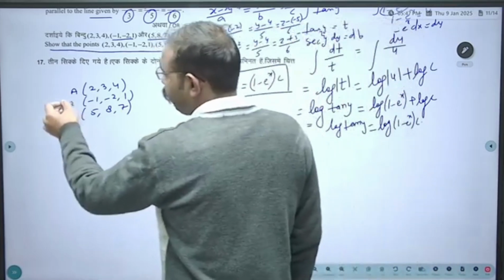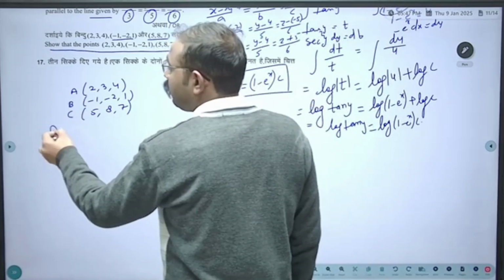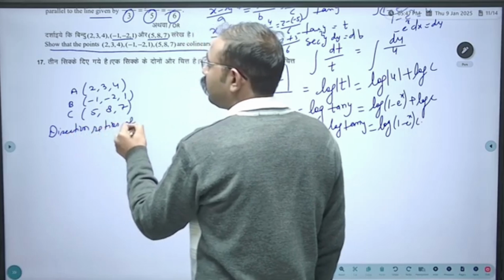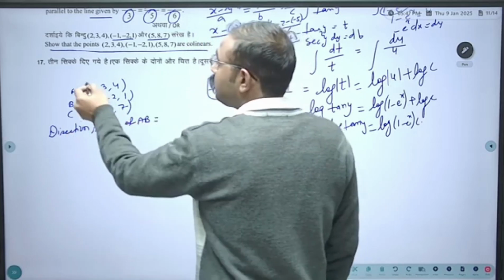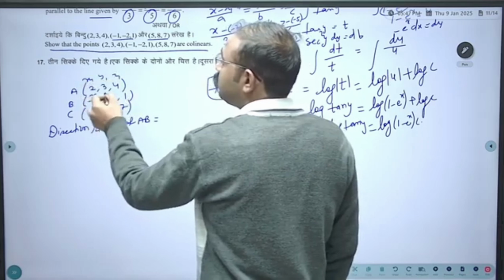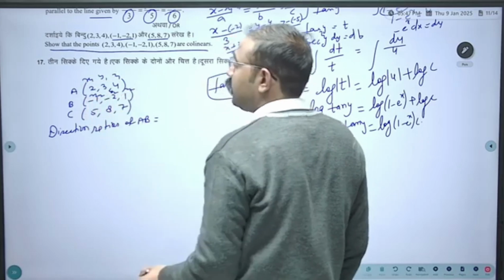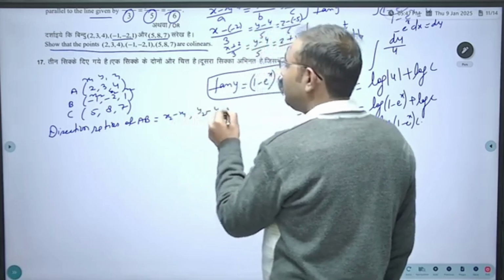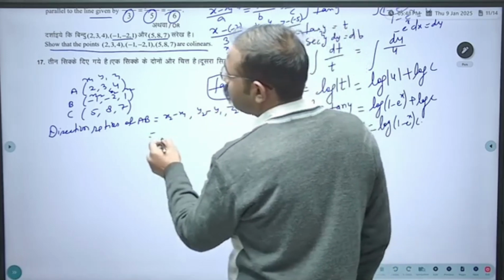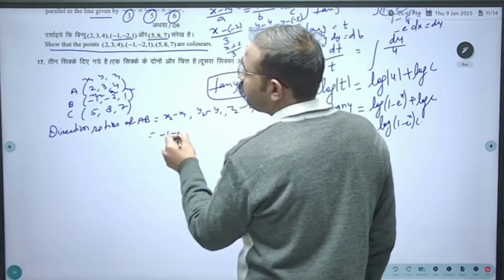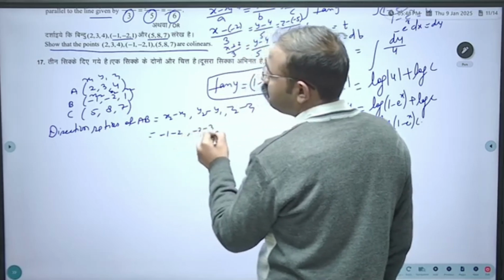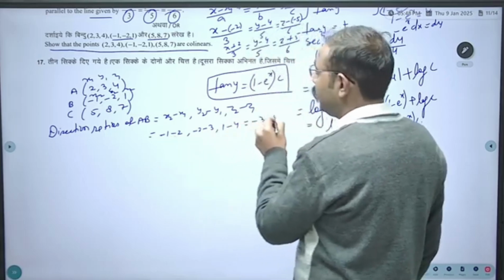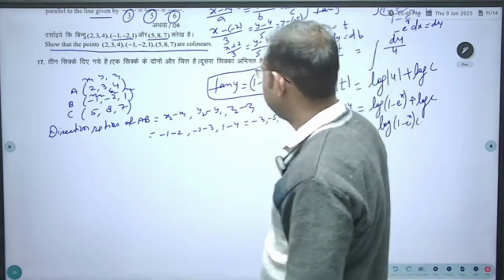So let's find the direction ratios of line AB. How will we find them? Suppose this is x1, y1, z1 and this is x2, y2, z2. The direction ratios are x2 minus x1, y2 minus y1, and z2 minus z1. That is, minus 1 minus 2, minus 2 minus 3, and 1 minus 4, which will be minus 3, minus 5, and minus 3.